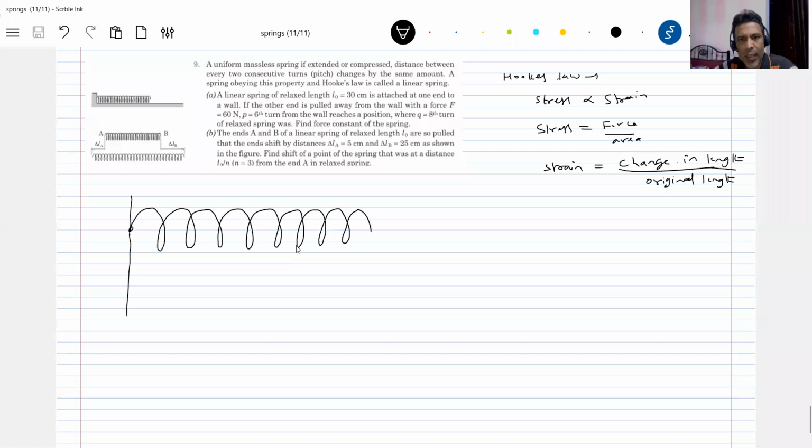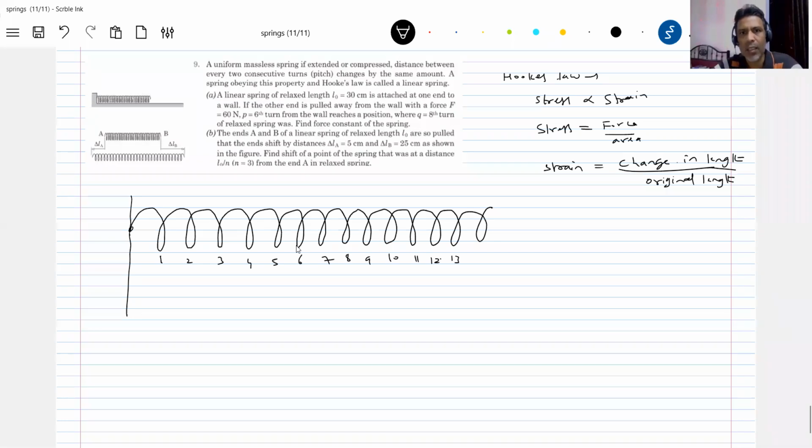Meanwhile, I'll work on the diagram. What is a turn? This is the first, second turn, third, fourth, fifth, sixth, 7, 8, 9, 10, 11, 12, 13, 14. Like this, we can assume the number of turns.